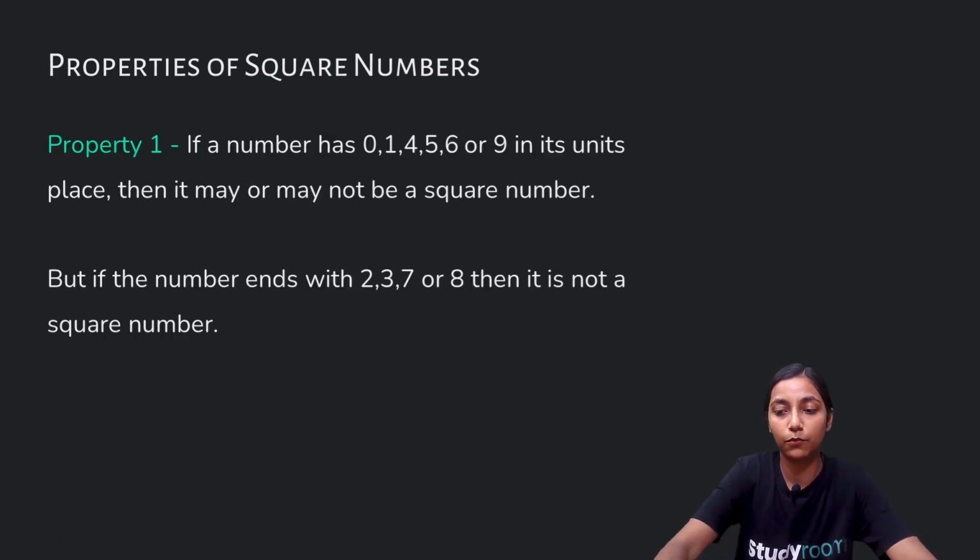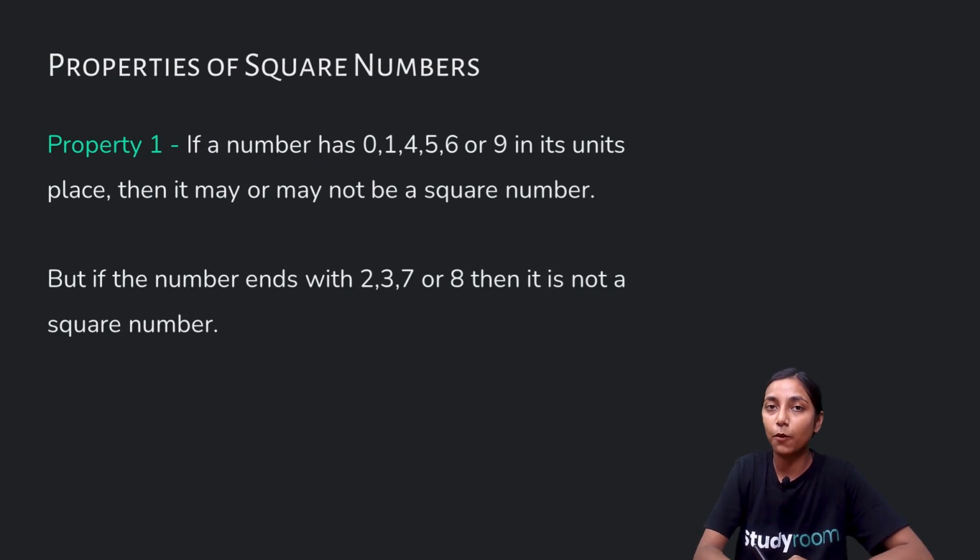We will see more about it. So here's the first property. If a number has 0, 1, 4, 5, 6 or 9 in its units place, then it may or may not be a square number. There's a possibility that a number ending with these digits may be a square number or may not be.